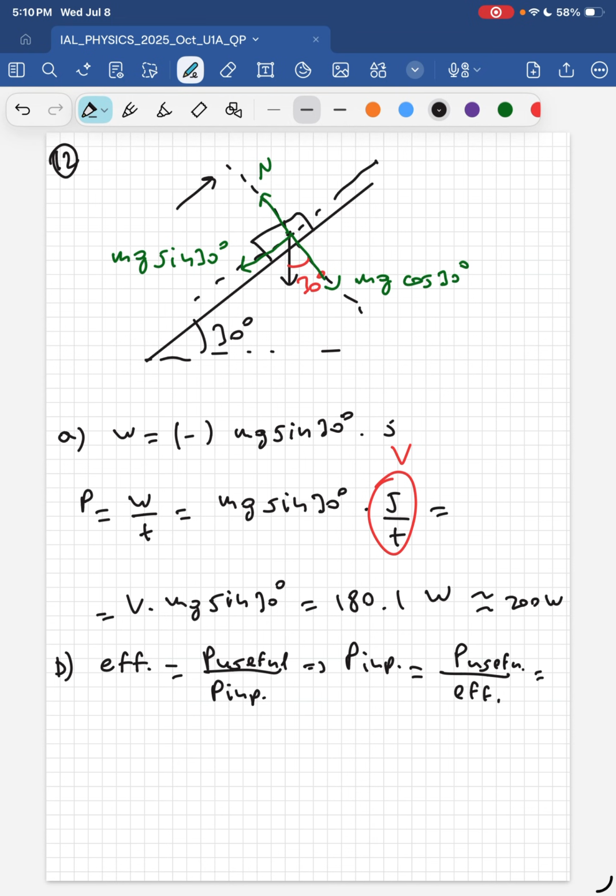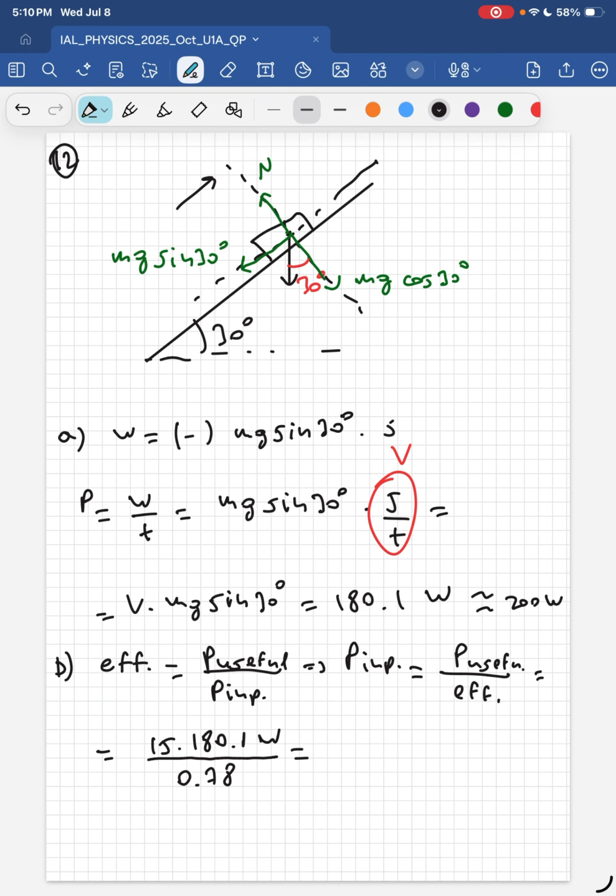What do we mean by useful in this case? It's the 15 persons times 180.1 watts. That's the power we get out of this, over the efficiency of 0.78.